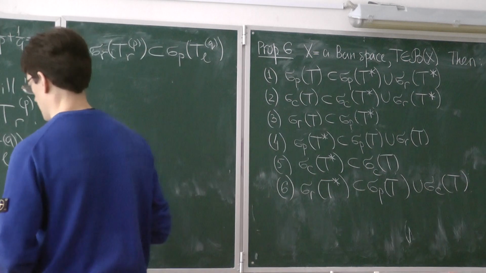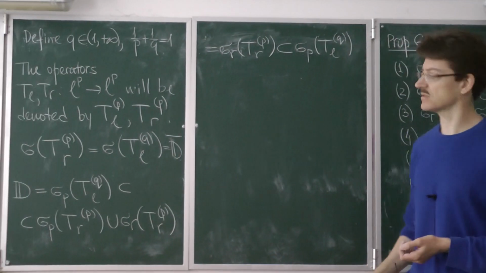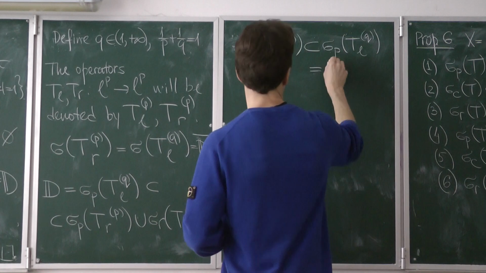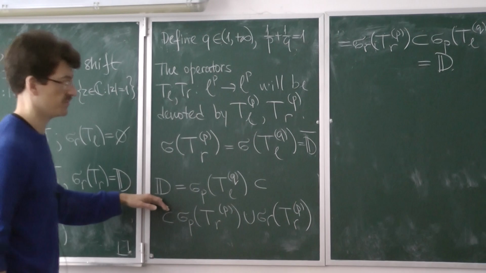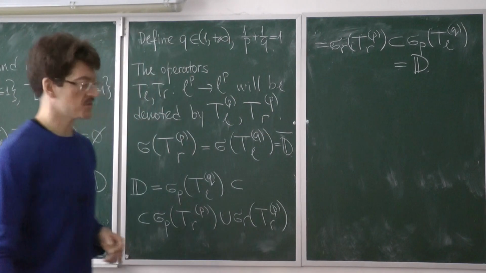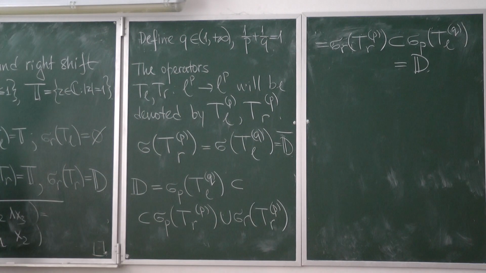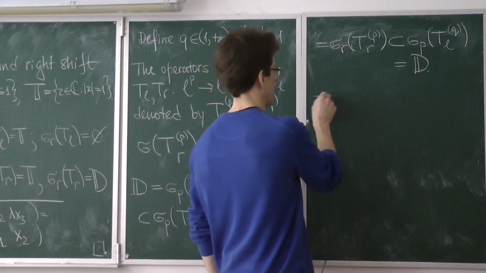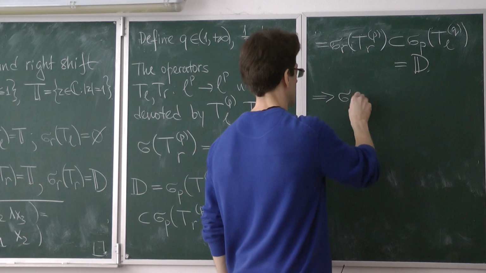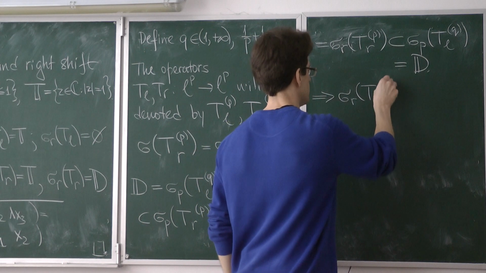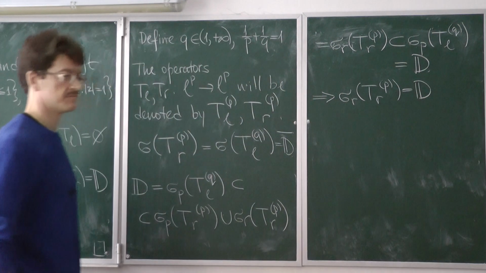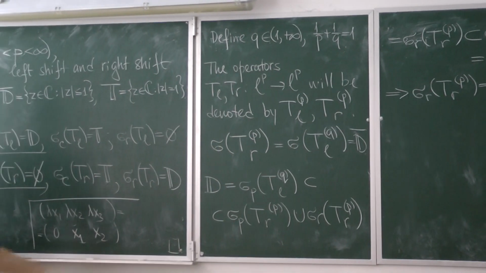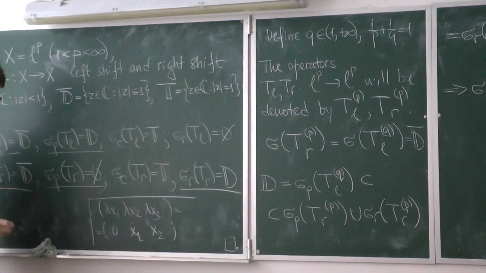But the point spectrum of the left shift on LQ is the open disk. So this is the open disk. This is the same open disk. So this implies that all the inclusions in this chain are equalities. And so the residual spectrum of the right shift on LP is the open disk. And we have this.